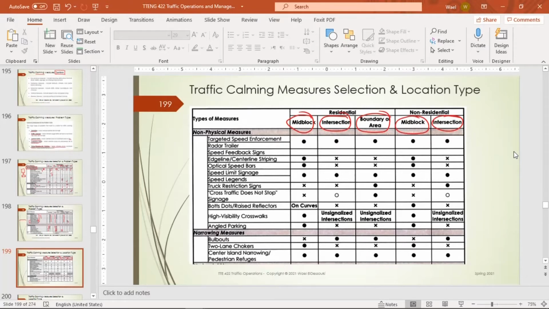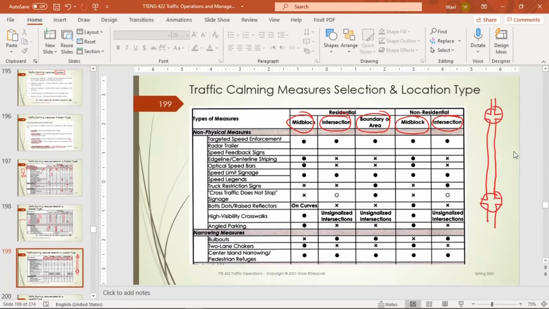I will explain it to you. So here, say we are talking about residential. So if we have a street like this, so this is a street. This is intersection.